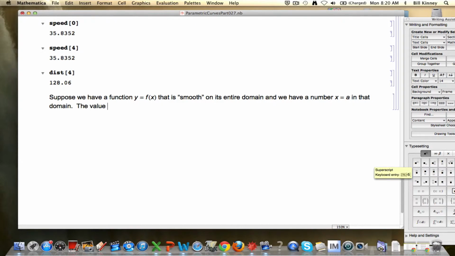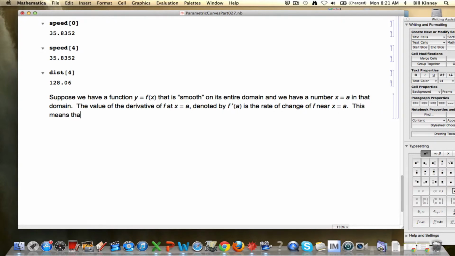The value of the derivative of f at x equals a, denoted by f prime of a, is the rate of change of f near x equals a. Again, that's not very precise. To get a little bit more precise, we'll say this.